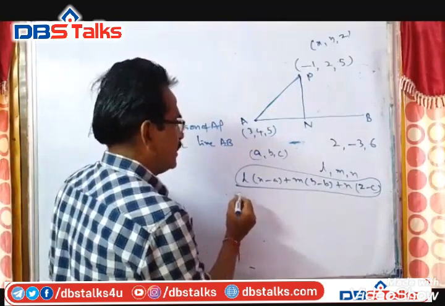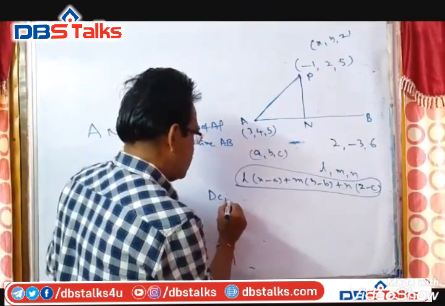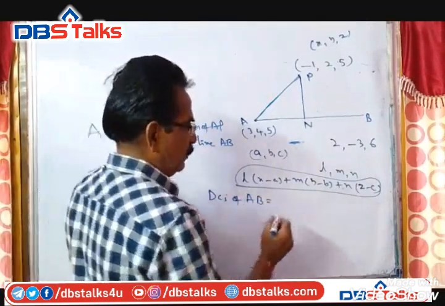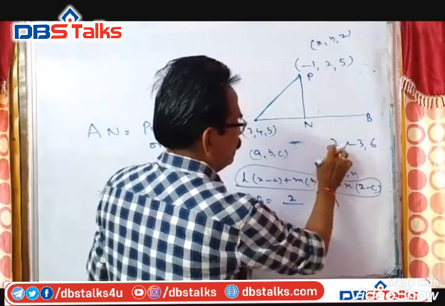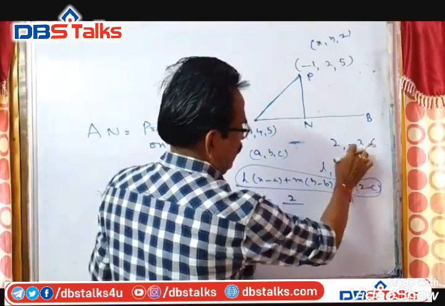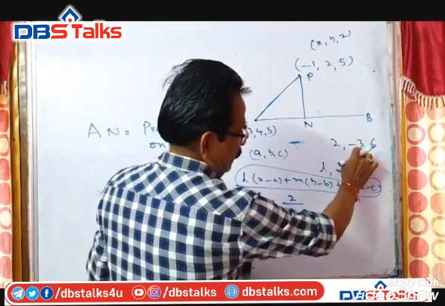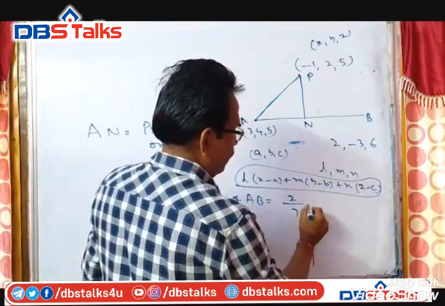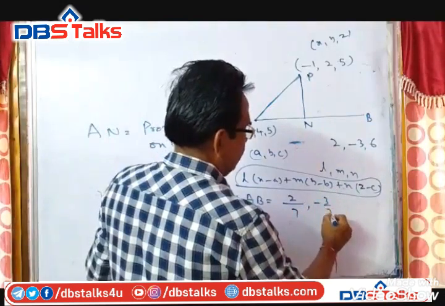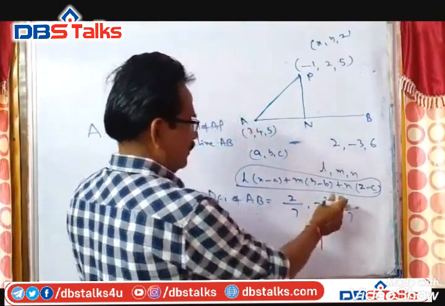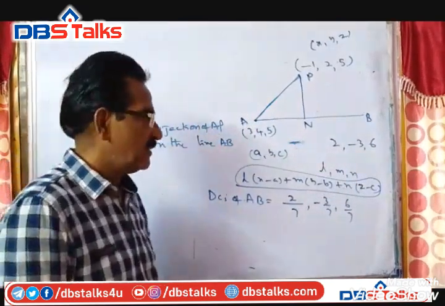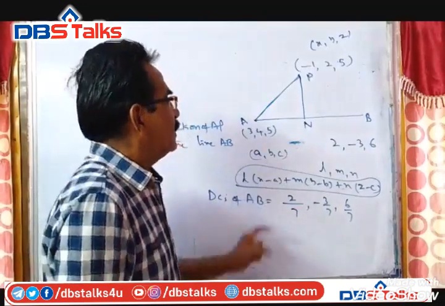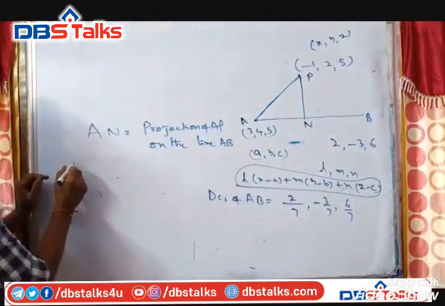So the direction cosines of AB are 2 by the root of 4 plus 9 plus 36, which is 13 plus 36, 49, so root 49 is 7. So they are 2 by 7, minus 3 by 7, 6 by 7. These are the direction cosines of AB.